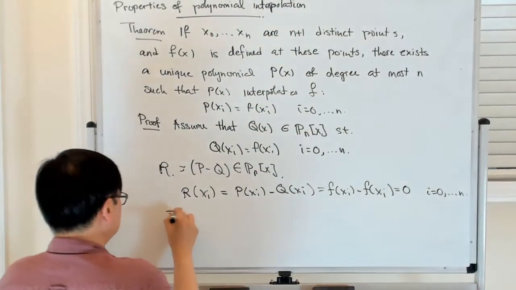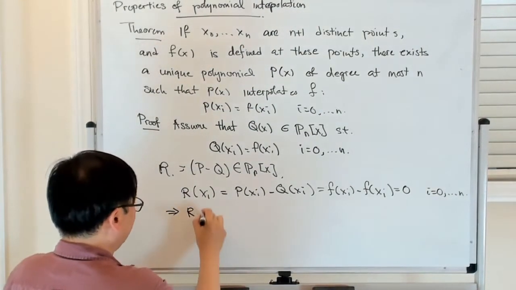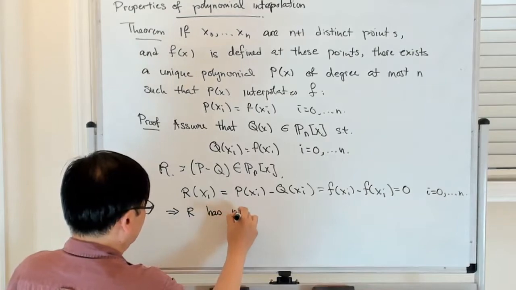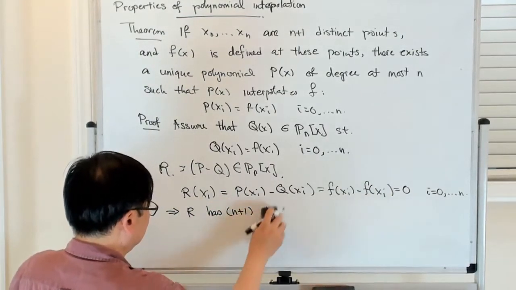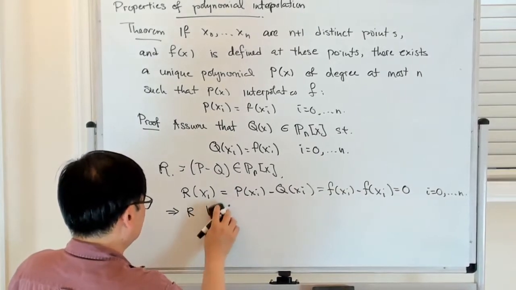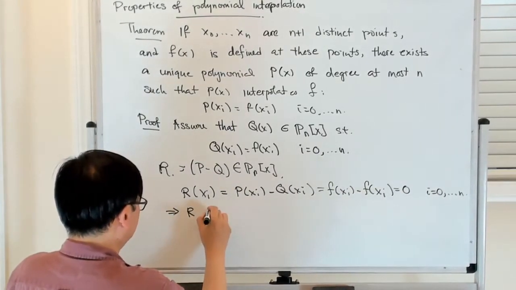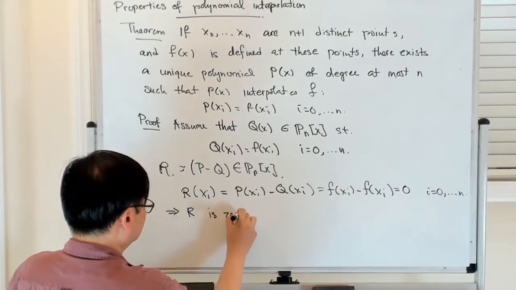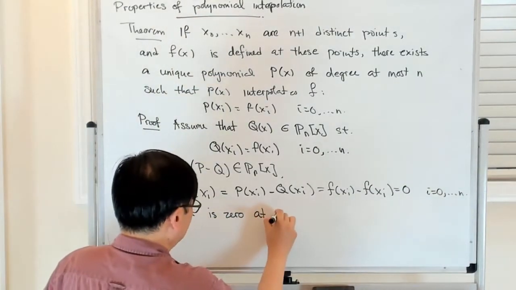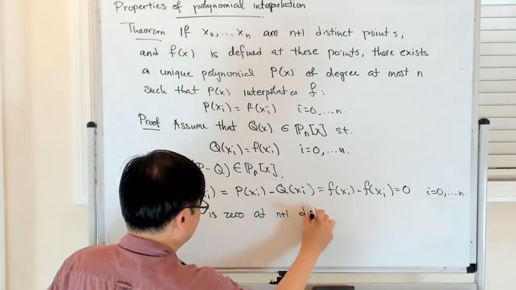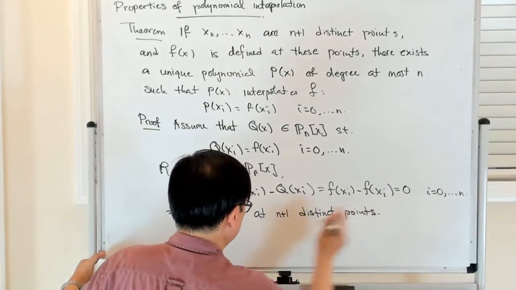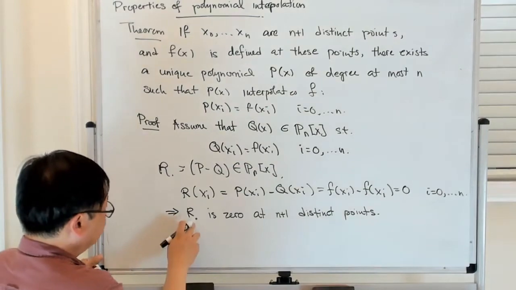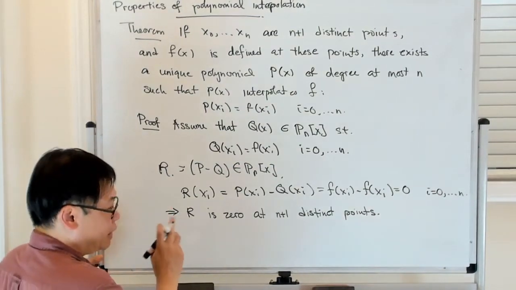So that means, well, let me rephrase that. Now, r is 0 at n plus 1 distinct points. But that's not possible because r is a polynomial of degree at most n.